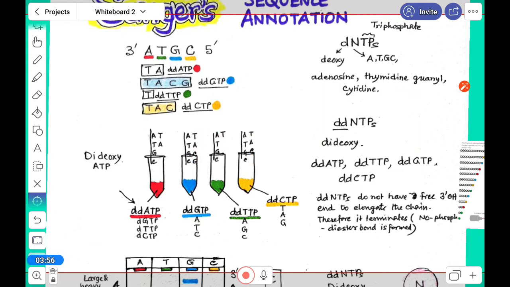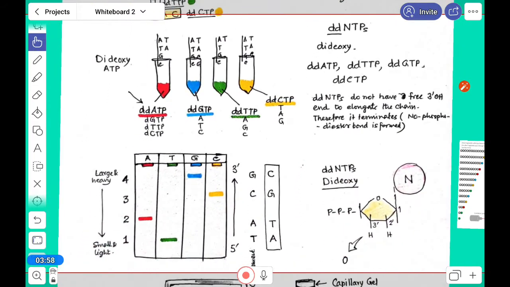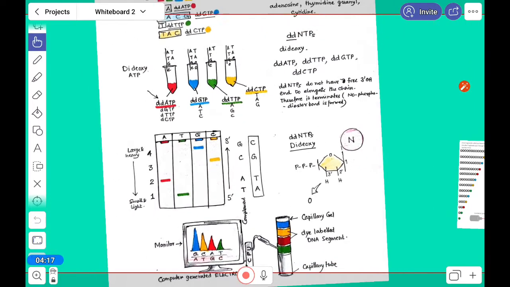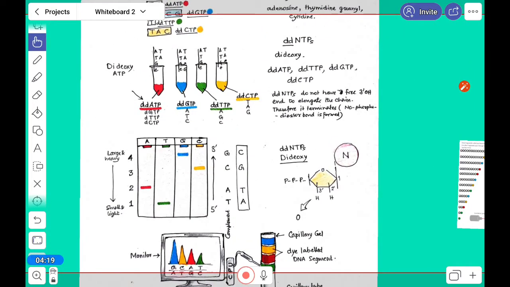After that, it is placed in gel electrophoresis. A very high electric charge is applied, and it runs from the negative to the positive side. Already we know that according to the length it makes the band.